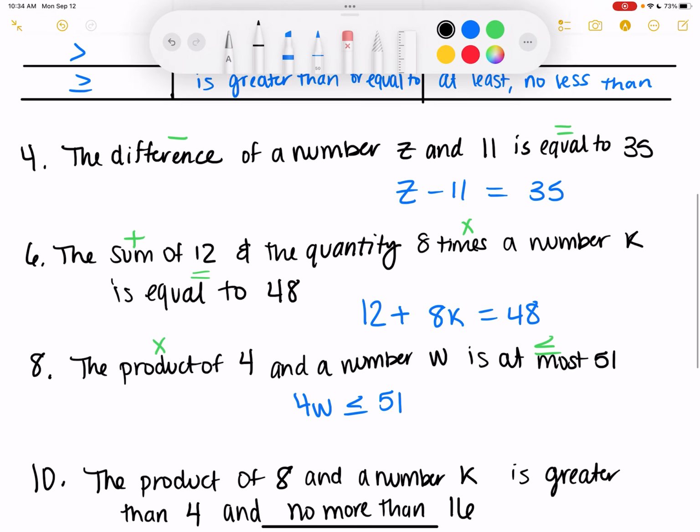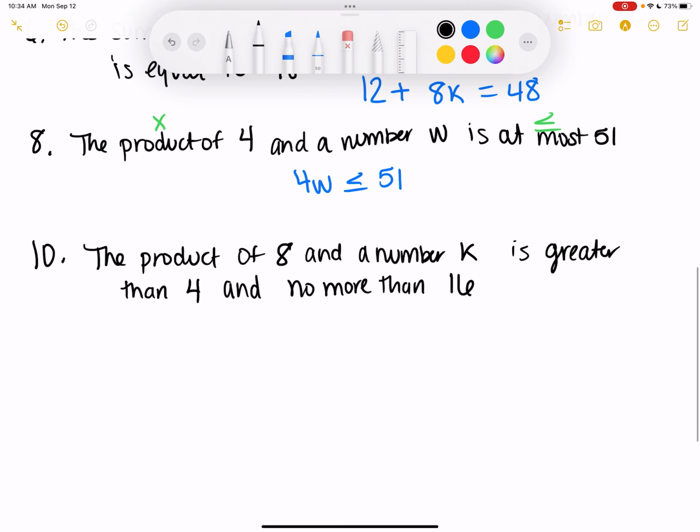So what operation, first of all, do we see here? Product. So what does that mean? Multiplication. So we're going to have 8 and the number k, so 8 times k. We're told that 8k is greater than 4, and it's no more than 16, which means what?